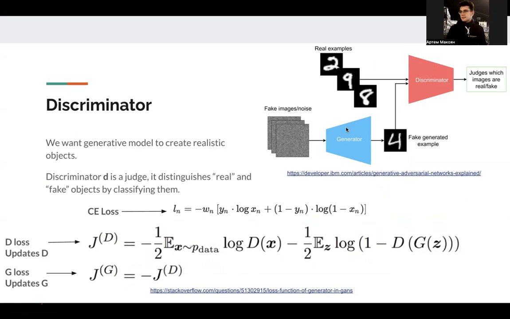The generator should learn how to create fake samples very, very similar to the true distribution. And the discriminator should learn how to distinguish real examples from fake examples. And in the process of training, they become more and more clever.